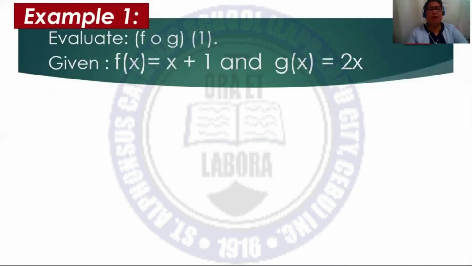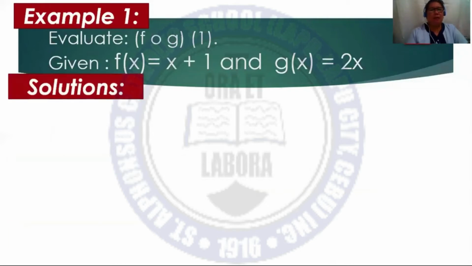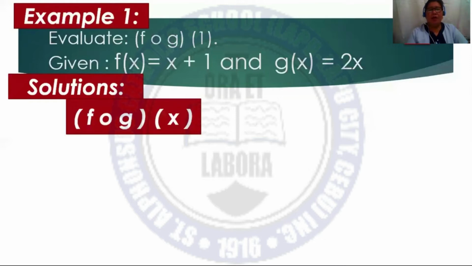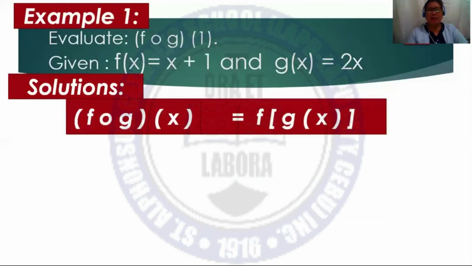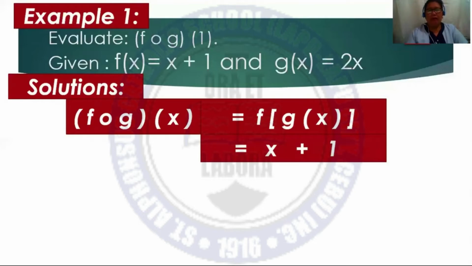Evaluate f circle g of 1 given f of x is equal to x plus 1 and g of x is equal to 2x. So the solutions, f circle g of x can be written as f of g of x. Since f is the outer function, then we have to follow x plus 1.